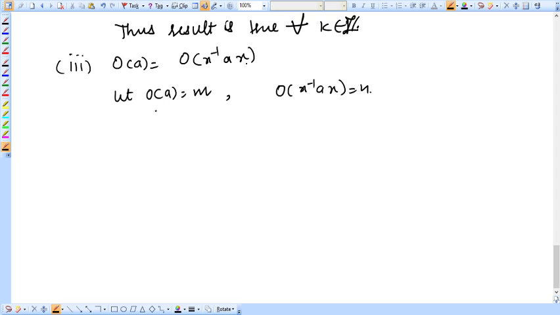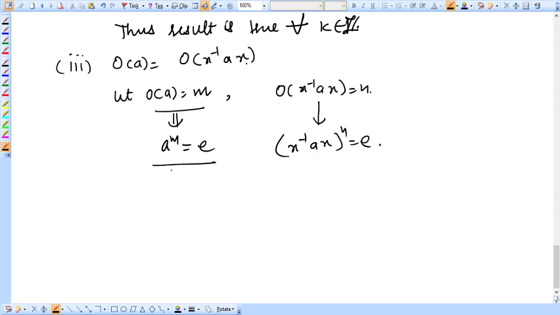Okay, so if this is the thing, then it implies order of a equal to m implies a raised to power m is equal to e. And this implies x inverse a x raised to power n is equal to how much? E. Let us try to see what would be a raised to power n.